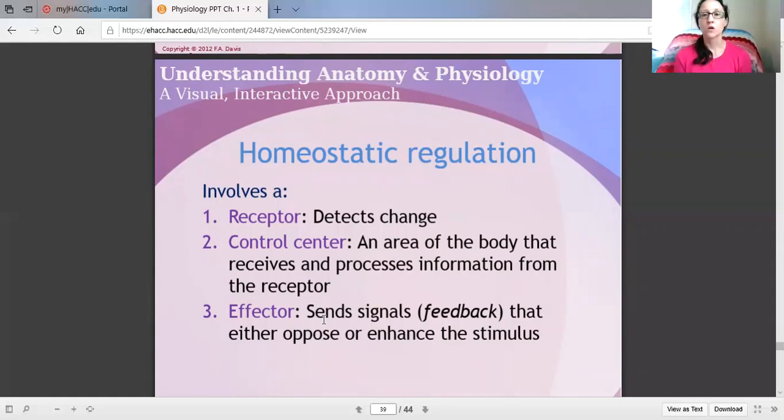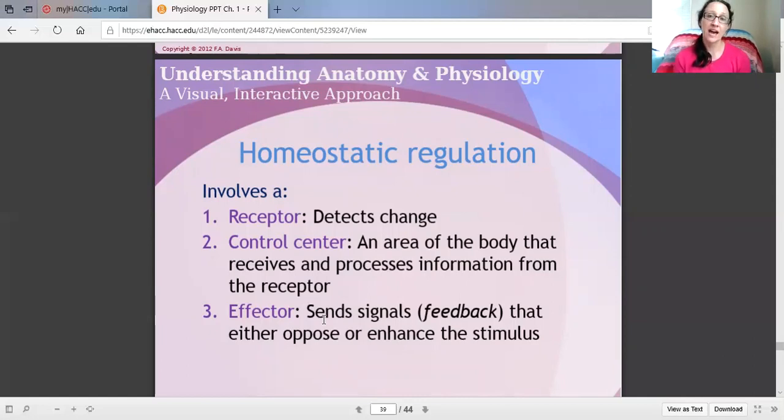Okay, so we're going to say that it's cold, and the skin cells detect that it is cold. Those receptors send a signal to your brain saying, we're a little chilly. The control center, which is the brain, receives the information and processes it. And then it sends a signal out to an effector organ, usually. And this is the feedback.